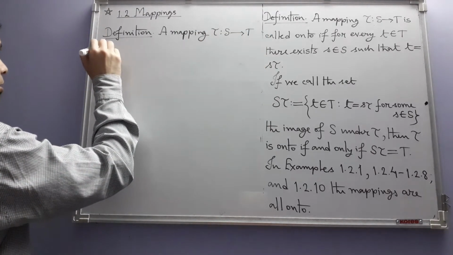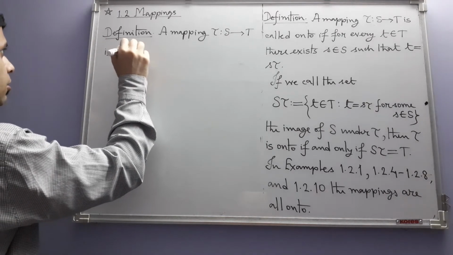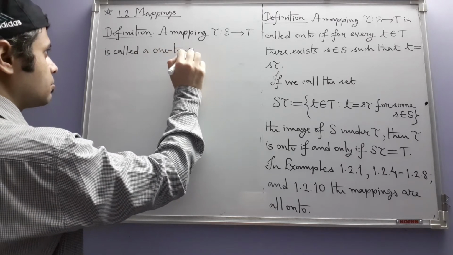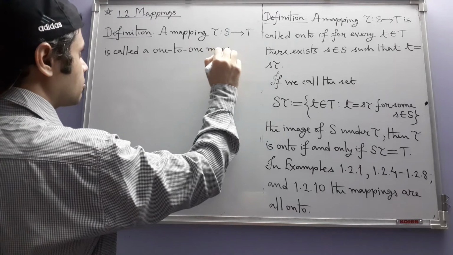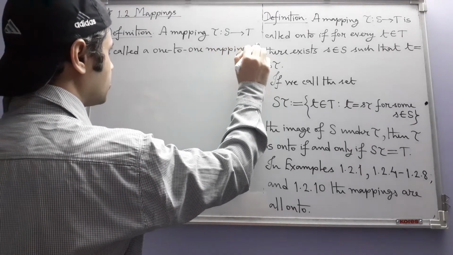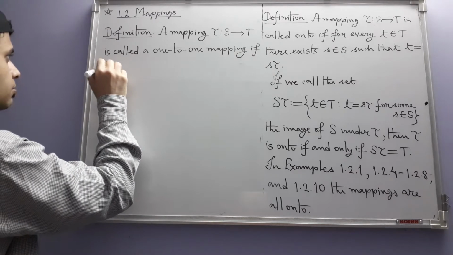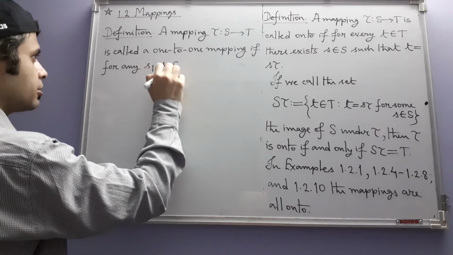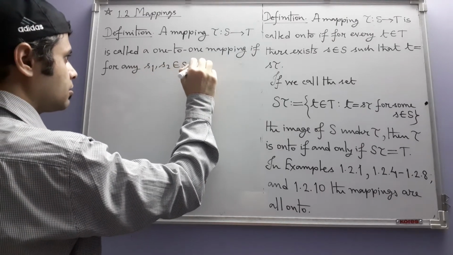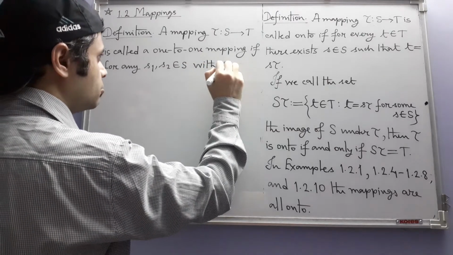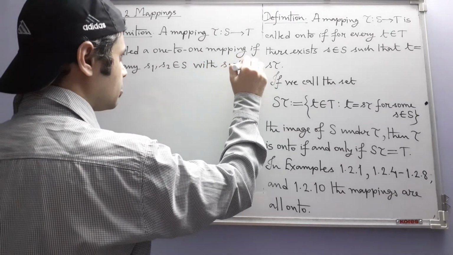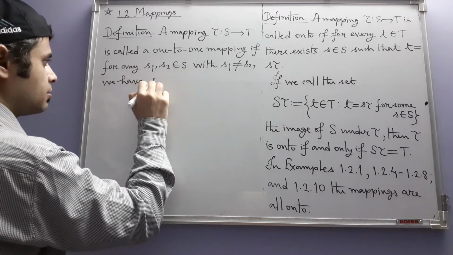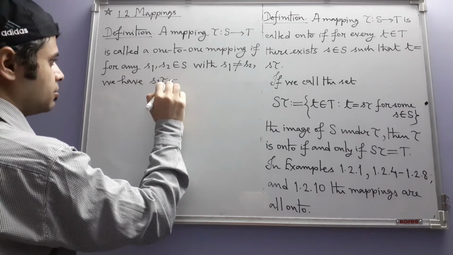A mapping tau from S to T is called a one-to-one mapping if for any S1 and S2 belonging to S with S1 and S2 different, that is, they are distinct, we have that their images are also distinct.